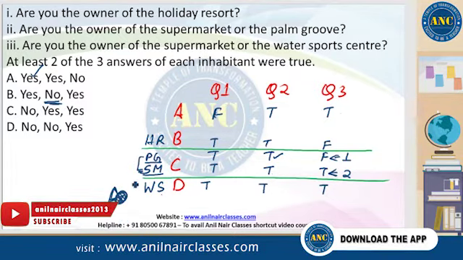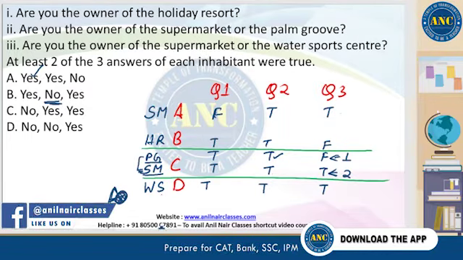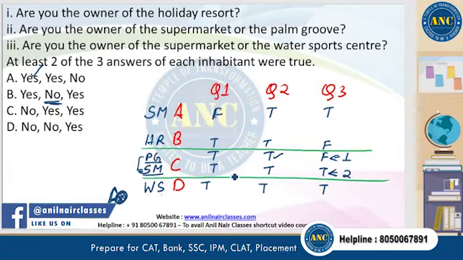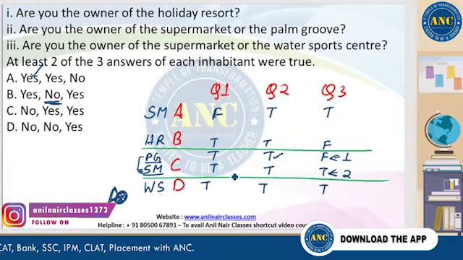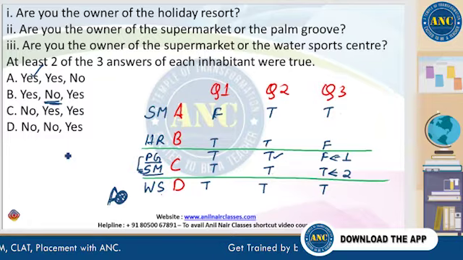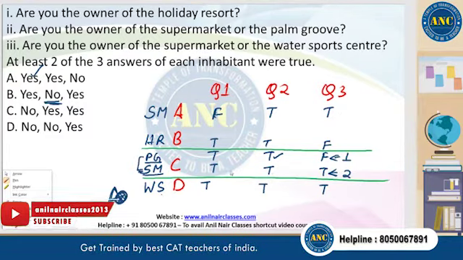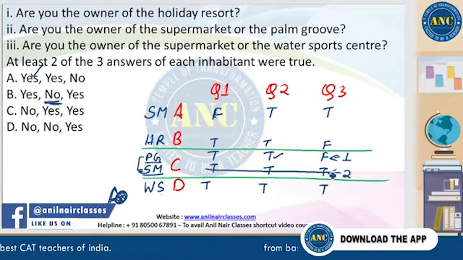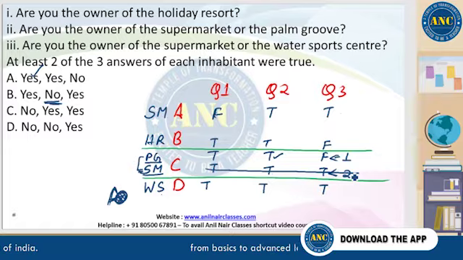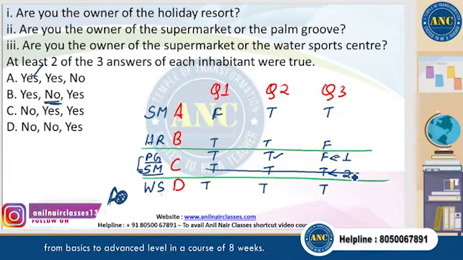That means A must and will end up owning the supermarket. If A ends up owning the supermarket, he can answer true and true here. Which also means that C will end up owning the other part, the palm grove, which means that this true for C is negated. So we can be pretty certain about A.